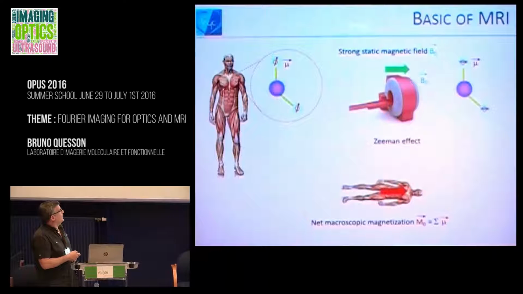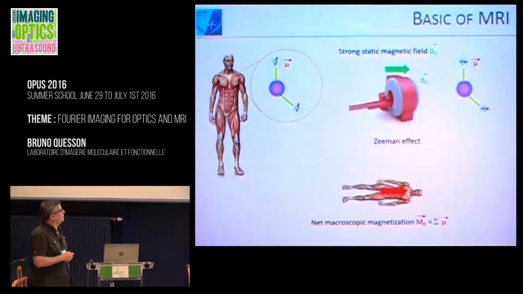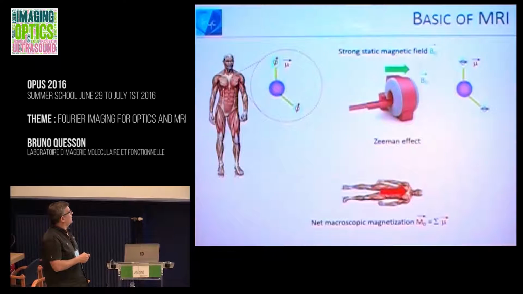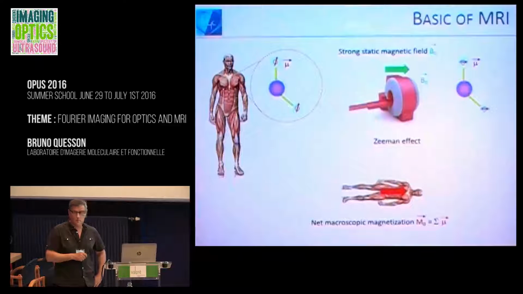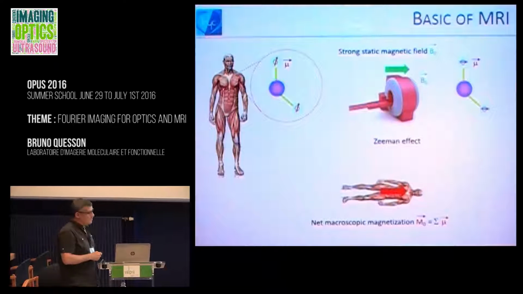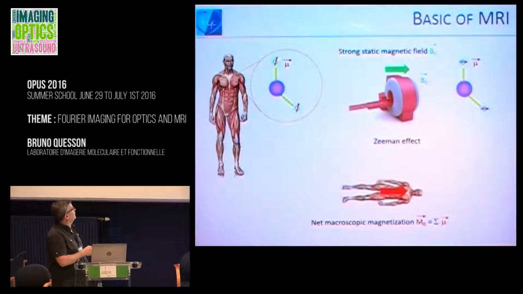So, basics of MRI: I'm not going to go too deep into the details, but basically we are dealing with the magnetic properties of the spin, the kinetic moment, or the magnetic moment of the protons of a water molecule. So what we are making images of is the water, through these magnetic properties.